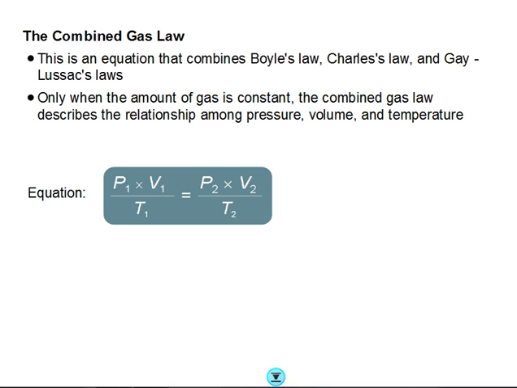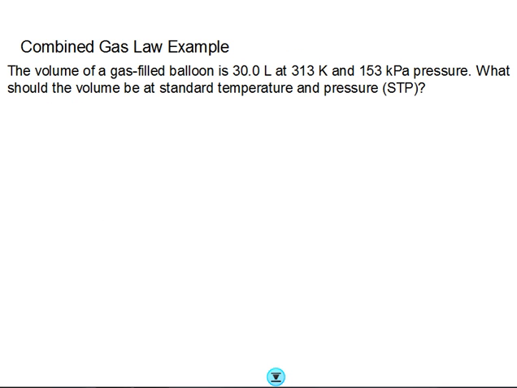Okay, so this shows what happens when you have pressure, temperature, and volume all together. And here's our problem. It says the volume of a gas-filled balloon is 30 liters at 313 Kelvin and 153 kilopascals of pressure.